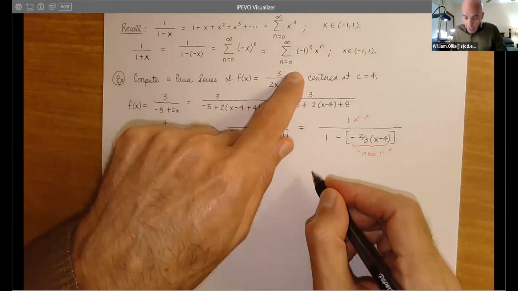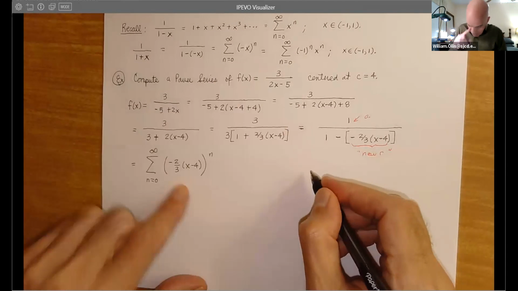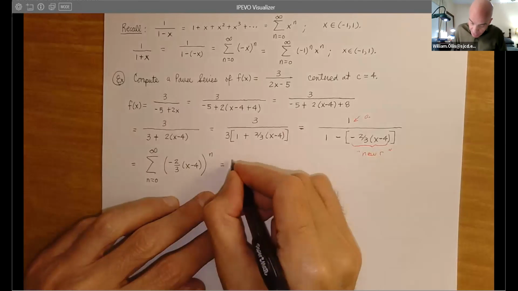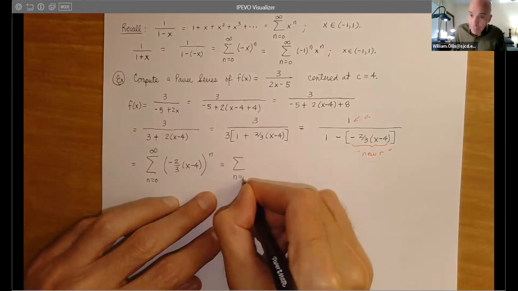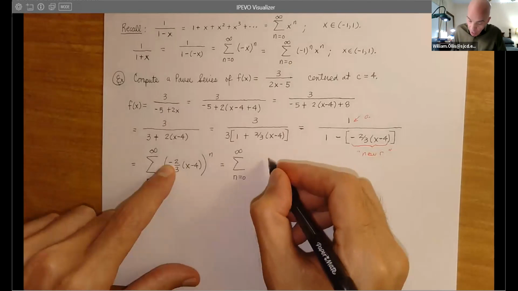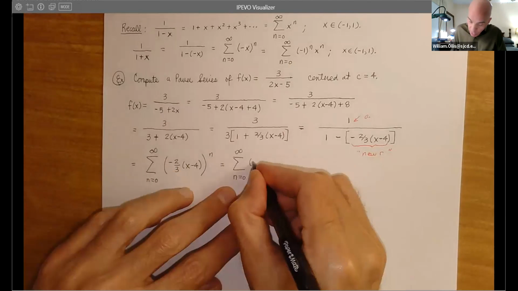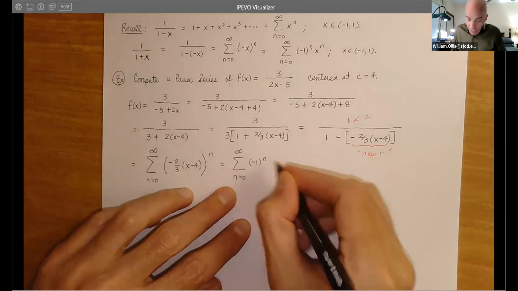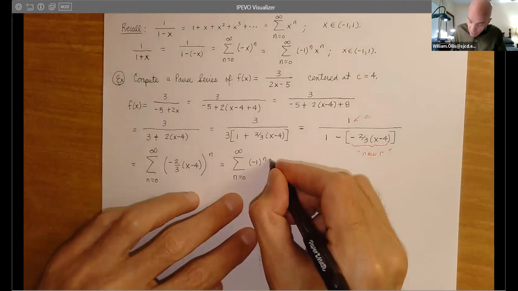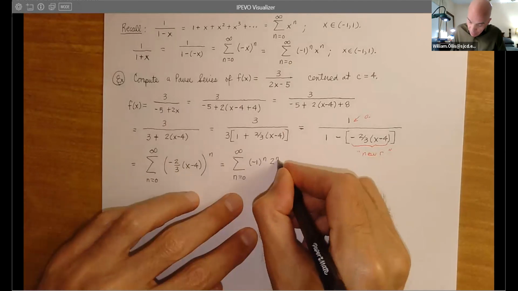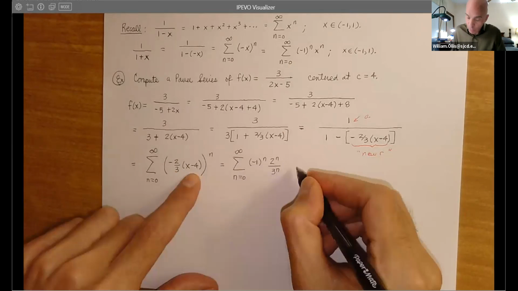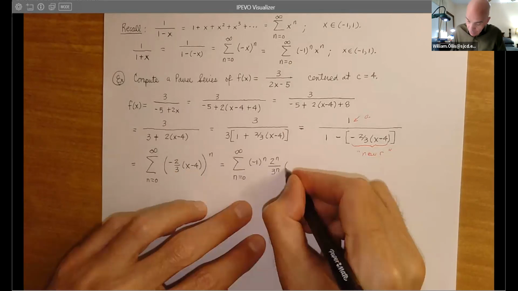And then we move to here. So you can always break this up. So this will give us now the series n equals 0 to infinity, and now we've got the negative here. So that's the alternating, the -1 to the n. And then we have 2 to the n over 3 to the n. I'll just write it like this, 2 to the n, 3 to the n, and then we have the x minus 4 to the n.